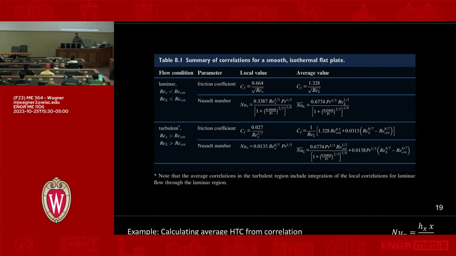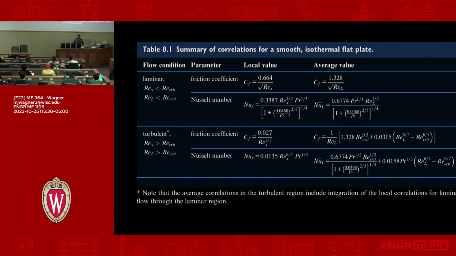What you can see is that there's a number of different things happening here. You have different correlations depending on whether you want friction coefficient, whether you want the heat transfer behavior, the Nusselt number, whether you're looking for the local value or the average value, and whether it's laminar or turbulent.